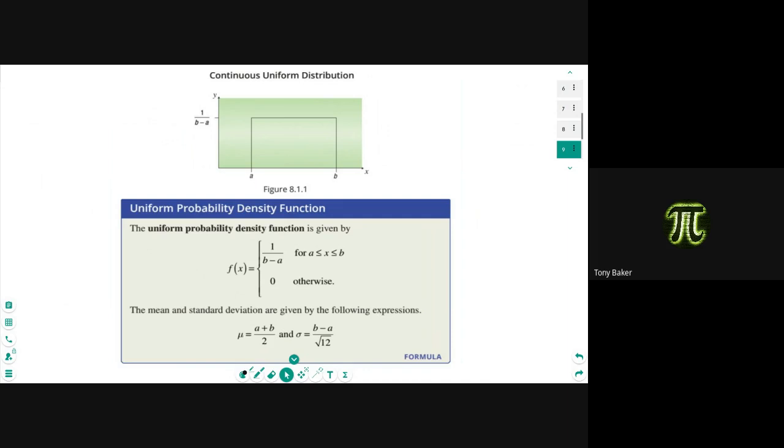Yeah, it's everything between the two values works.